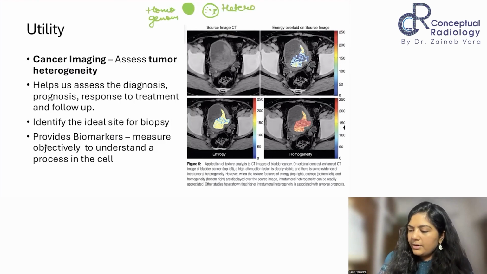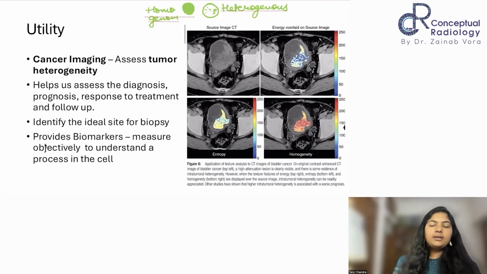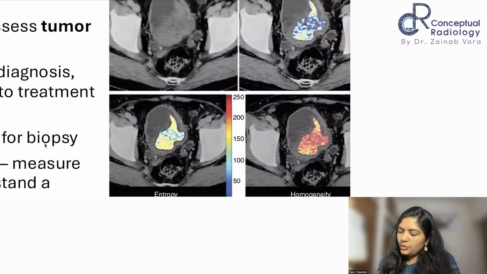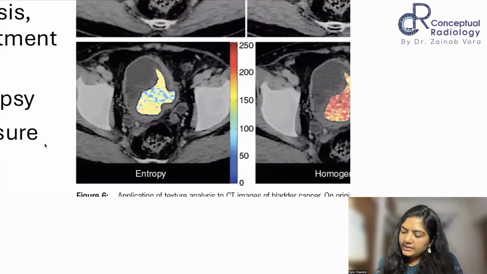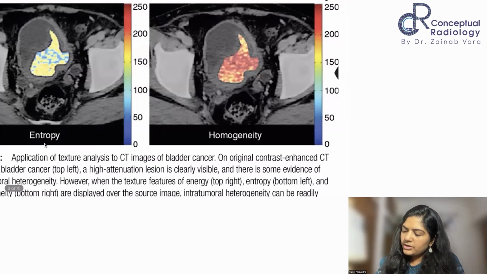Whenever there is some kind of heterogeneous nature of tumors, we all know that we don't actually see homogeneous tumors, right? We see very heterogeneous tumors, and in fact, we use it as a surrogate for aggressive tumors. Here, we have quantified this heterogeneity. If you notice, you can see that it is higher in these regions, right? And so this is the more homogeneous part and this is the heterogeneous part, right?